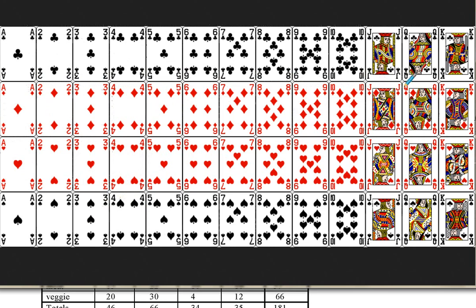Because not a face card is saying it's not one of these 12, or not a club, it's not one of these 13, and you want to unite those 2 sets. So we think about that a little bit. We can decide what that is, but there's a little bit easier way to do it.